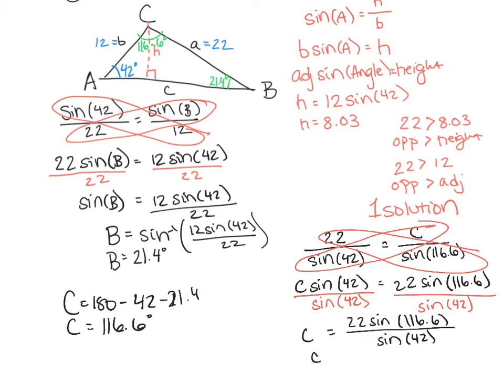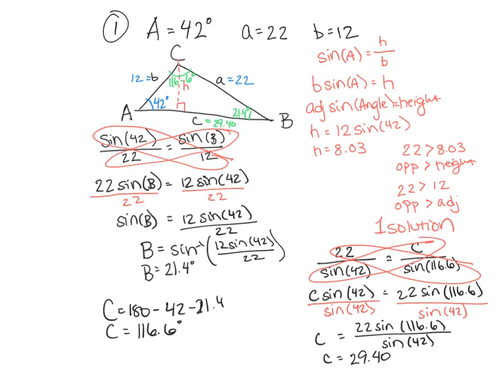Now, for a side length, we're going to round to the second decimal place, and this ends up being like 29.398. We'll just call this one 29.40. I'll go back and write that in my triangle. I always go back and write this in my triangle because that's a nice place to see all of my answers. And this is an example of a one solution.